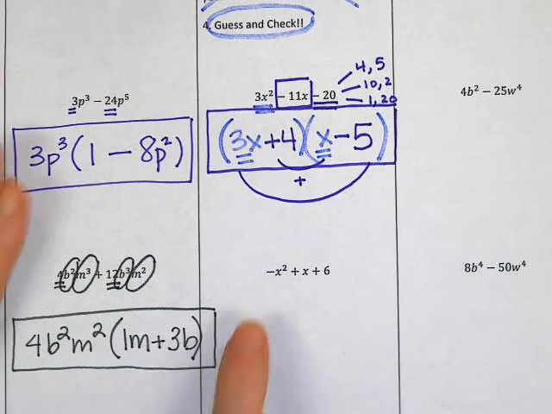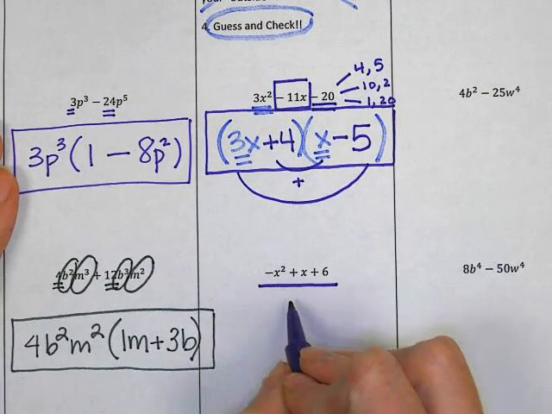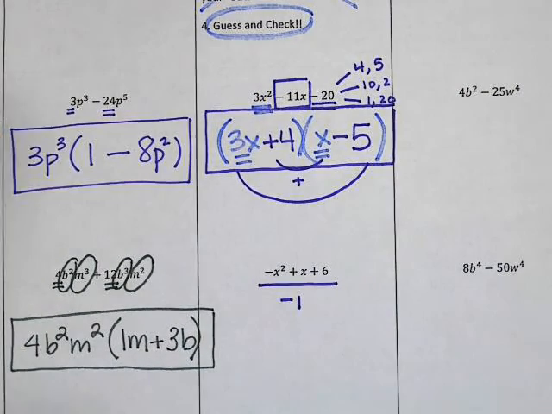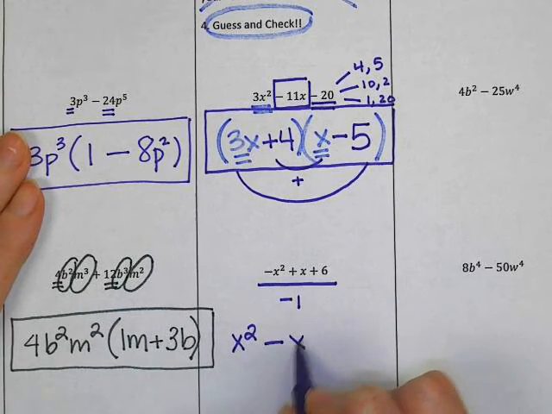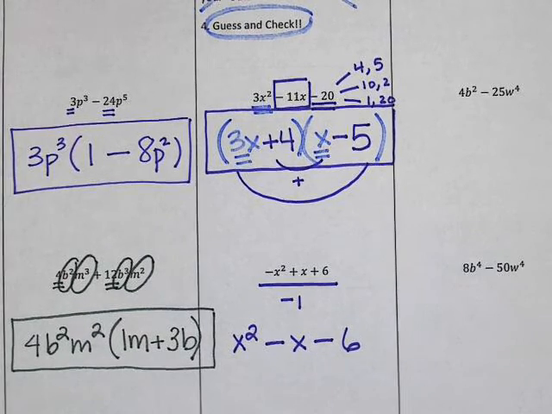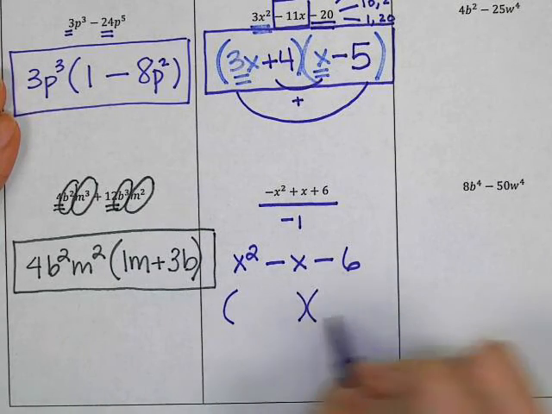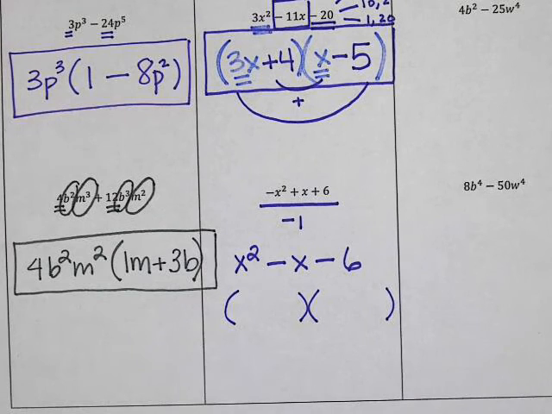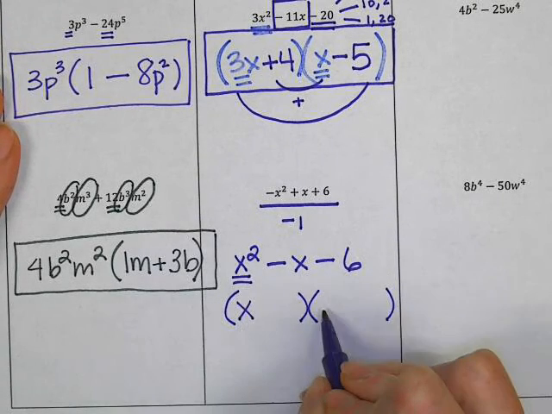Now, if there is a negative leading coefficient, you start by dividing through by a negative 1, every single piece. So then this would be positive x squared, negative x, negative 6. And now that it's positive, we can factor guess and check style. To get x squared, it's got to be 1x and 1x.